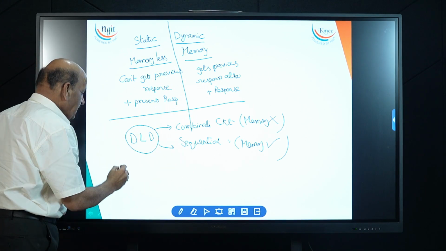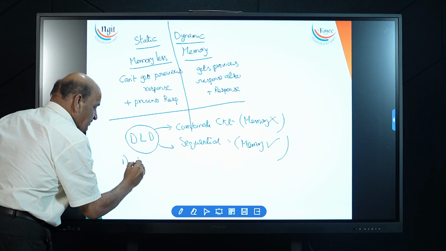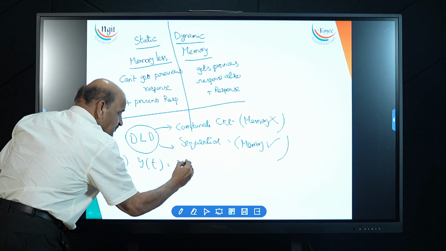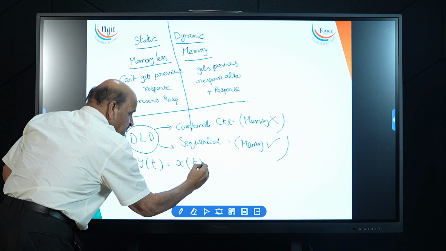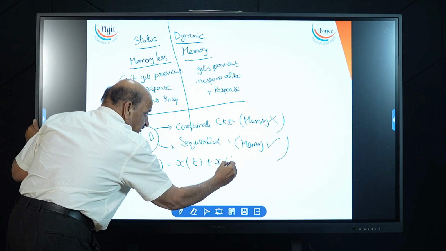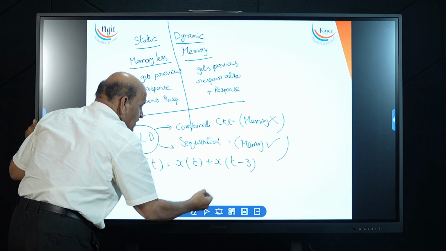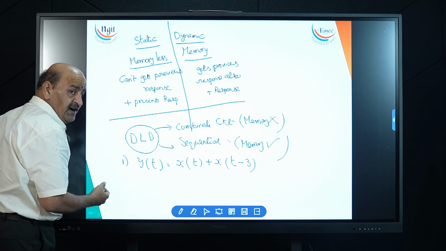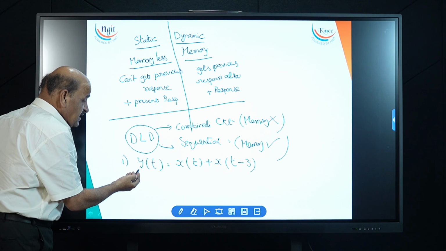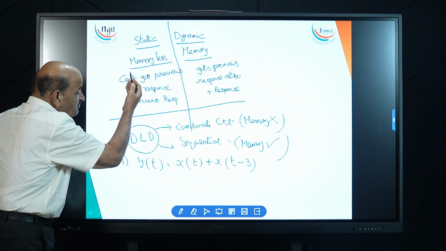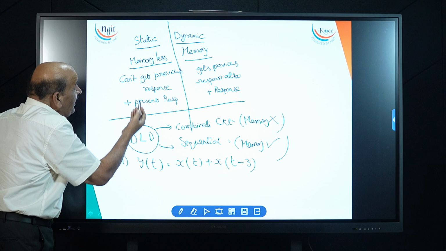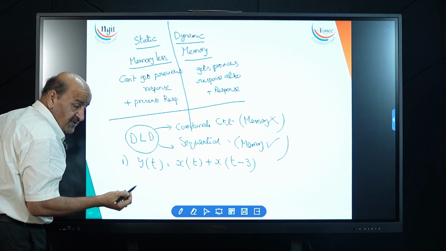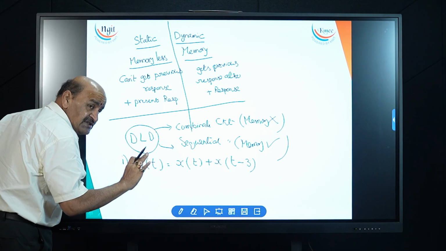For example, take one mathematical equation: y of t equal to x of t plus x of t minus 3. Now verify what kind of system this is. Static means it always responds to the present value.